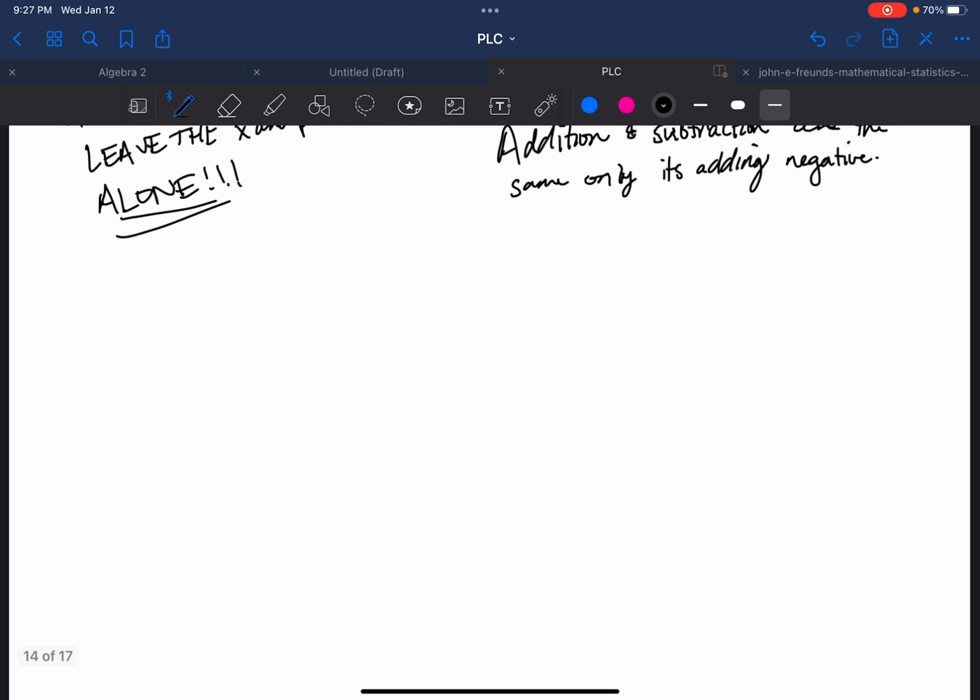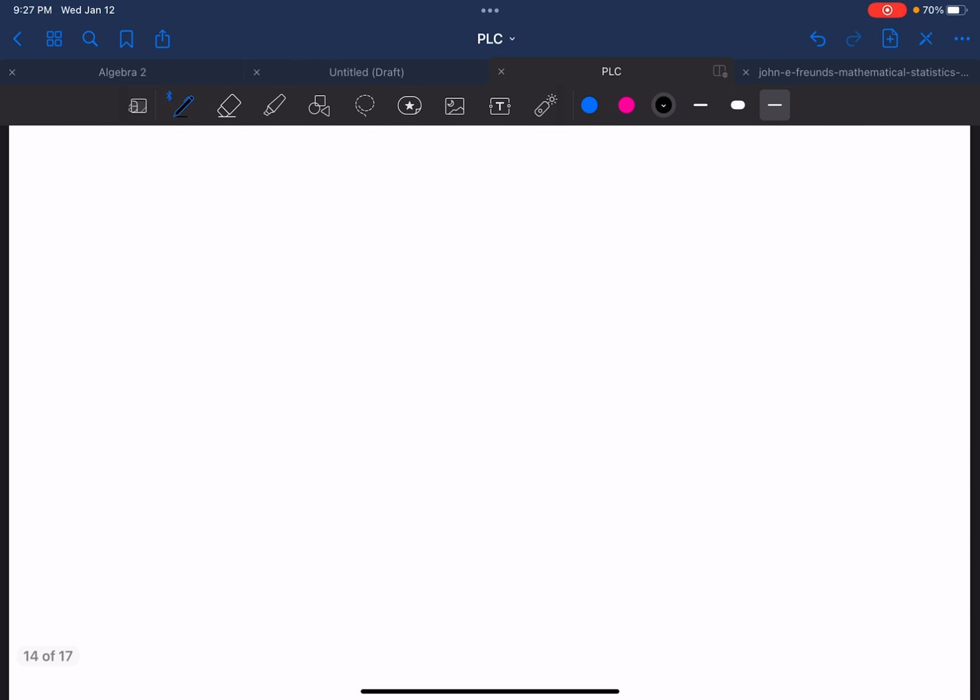So multiplication is where we're going to use the box. So let's say you want to multiply 3x squared plus 2x minus 3, and we're multiplying that by 2x minus 5. And notice there's no sign here, it's just multiplying.